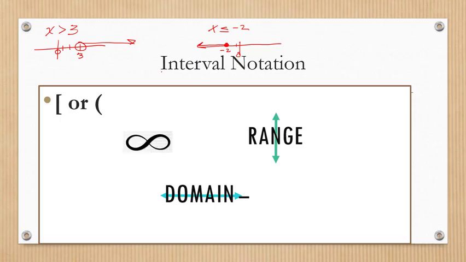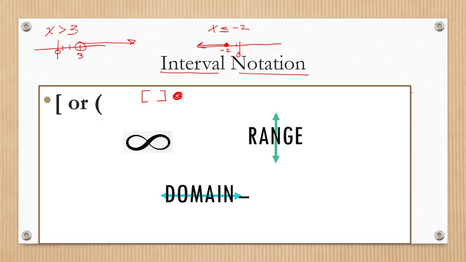Now, interval notation means the same thing, but we're going to compact it. So, you might see brackets or parentheses. If you see brackets, you would use a closed dot.